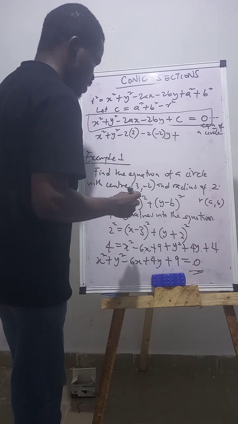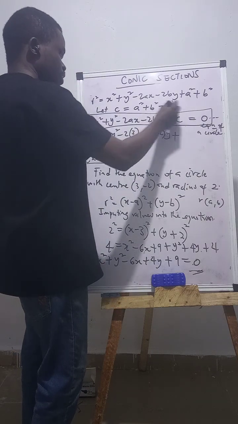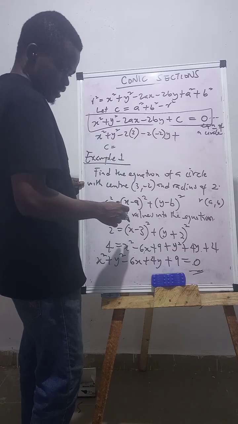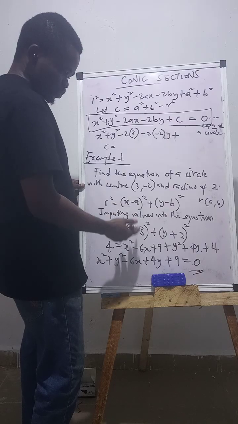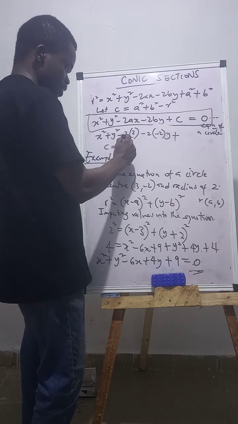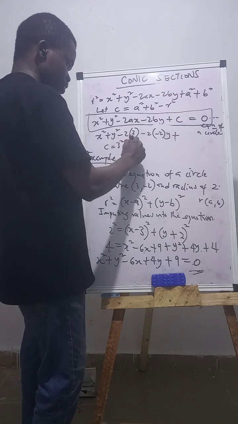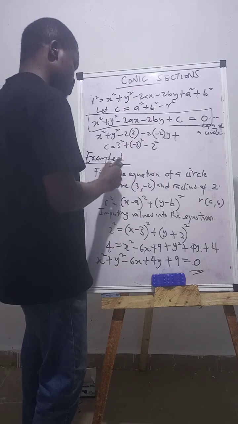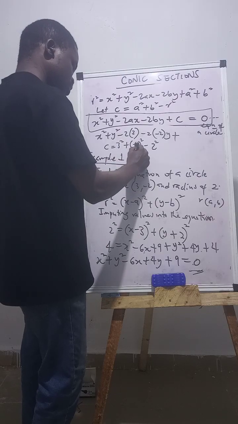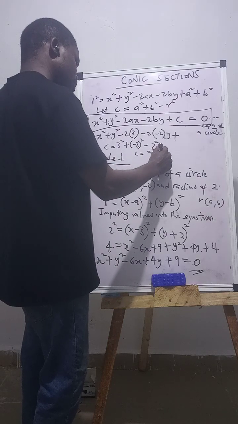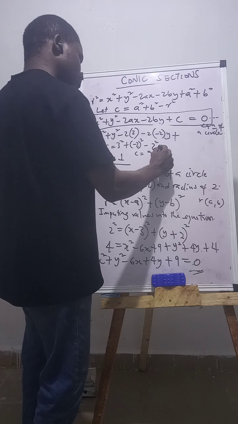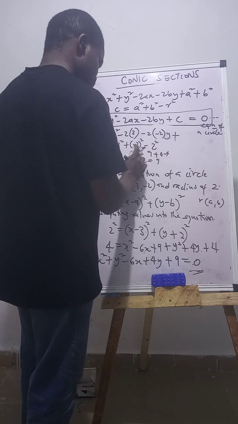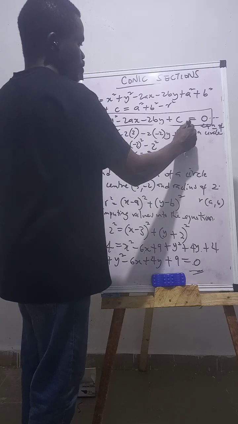Now we know c already, so we put in the value of c, a squared plus b squared minus r squared: 3 squared plus minus 2 squared minus 2 squared. So this c is equal to 9 plus 4 minus 4, so c equals 9.